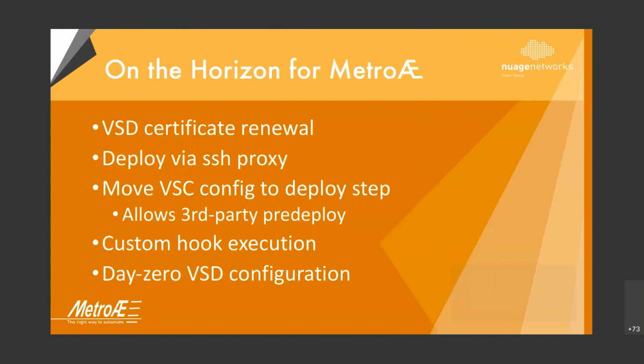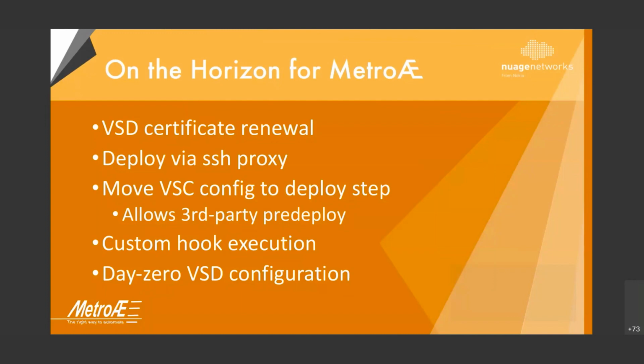So we're moving the configuration of the config.cfg file into the deploy step so that customers can use their own pre-deploy method and then use Metro to do the configuration of those instances that have been spun up. That's a use case that we've seen quite a bit, where people have a framework for bringing up VMs and so on, and they just want to use Metro to jump in and pick up at installing the VSDs, for example.